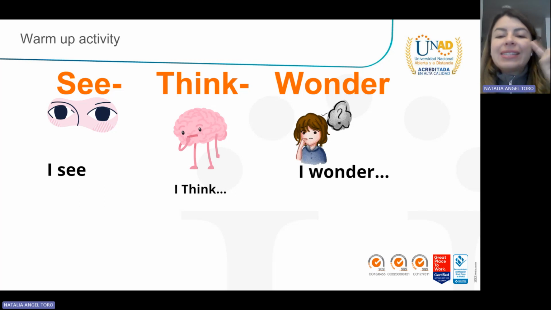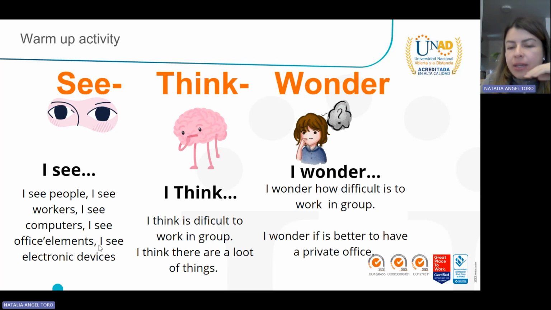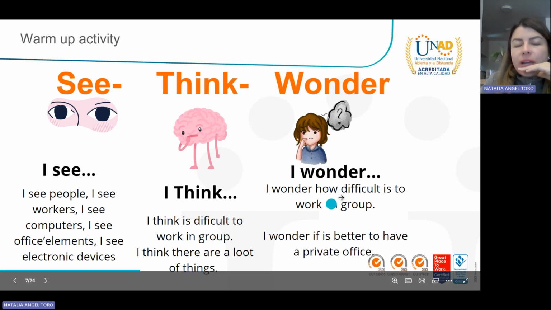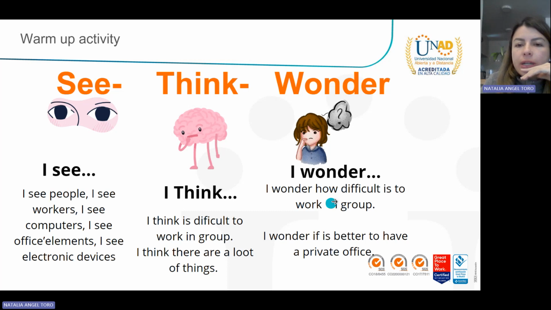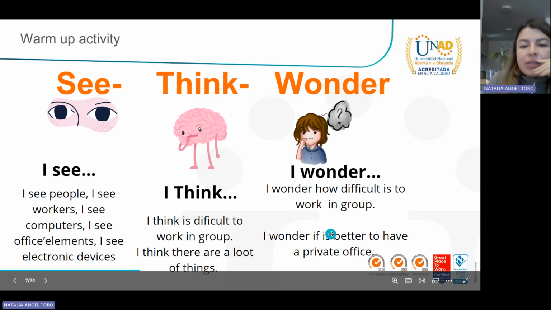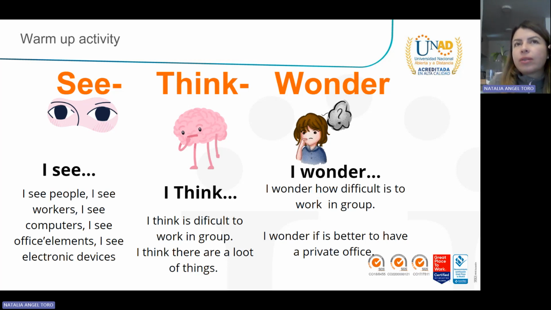Just remember that when I say I wonder, normally we are asking ourselves about something. That's why in the examples you say how, or we can use W questions. I wonder how, I wonder what, I wonder which, I wonder where, or a conditional if, because it's a way to ask yourself about something. Normalmente cuando hablamos solitos, nos preguntamos, ¿no?